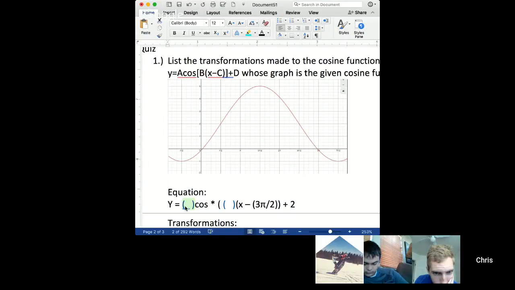I want to say that we put a 3 there. Yeah, no. Because normally cosine has a period of 2 pi, and it's now having a period of way more than 2 pi.